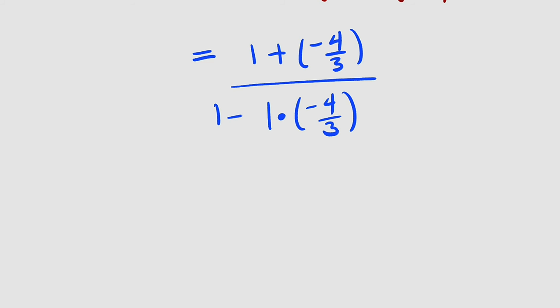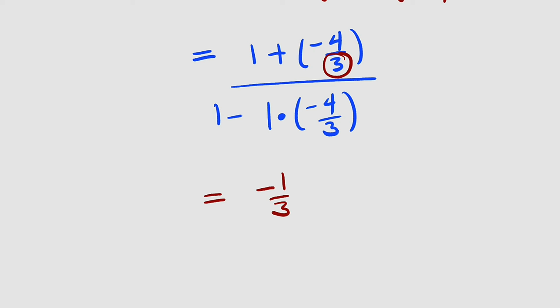The top is the same thing as saying 1 minus 4 over 3, which is 3 minus 4 divided by 3, which is negative 1 divided by 3. So on the top, we have negative 1 divided by 3. All you have to do is take this, multiply by this, and whatever you have, you subtract 4. 3 times 1 is 3, minus 4 is minus 1.